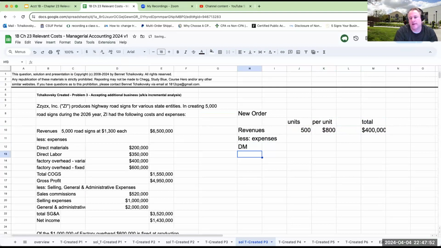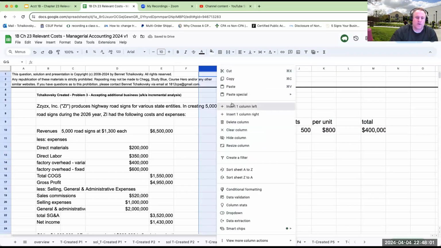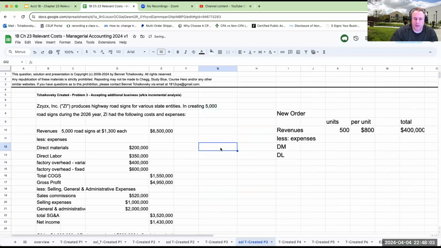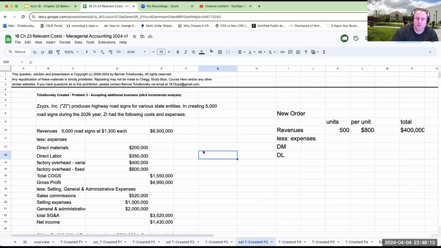I'm still going to have direct materials. I'm still going to have direct labor. So let's go through and look at those first. What does it tell me about my direct materials costs? It says it's going to increase on a per unit basis by 40%.